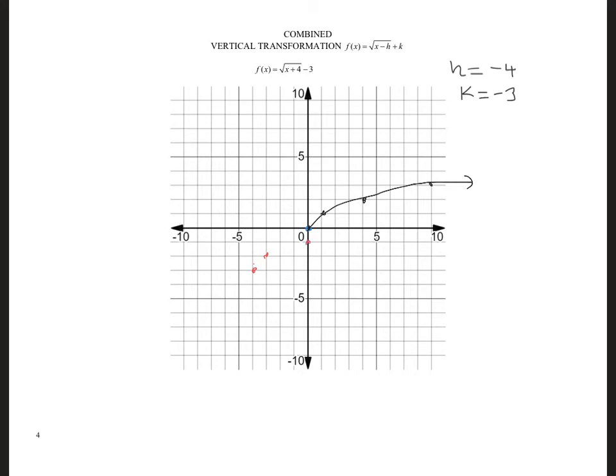And then 1, 2, 3, 4, 1, 2, 3. Okay, so the graph is going to be right there. That's a new graph. So this is the parent, y equals square root of x. And this is y equals square root of x plus 4 minus 3.